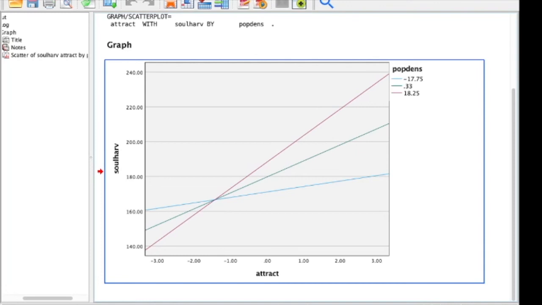So we know that this is a small but still non-zero effect. And we see that the slope of this line increases as the population density increases. So there's a stronger relationship between attractiveness and souls harvested at higher levels of population density.